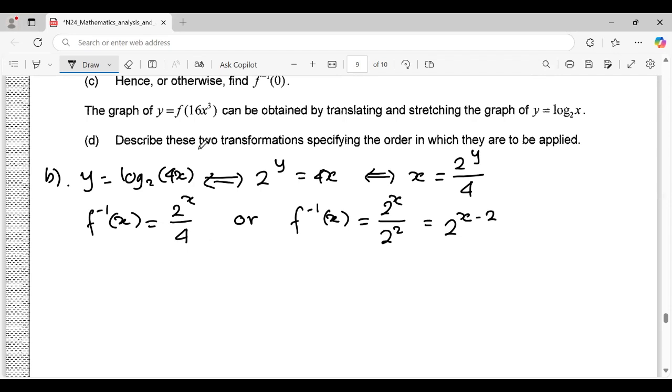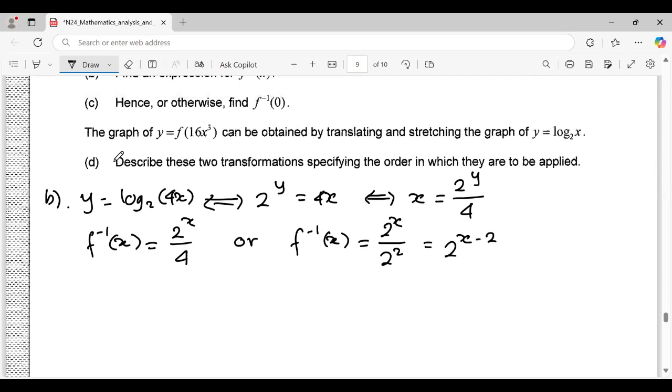Now part C, find f inverse if x equals 0. X equals 0. So I'm going to use this model. 2 to the power 0 minus 2 is 2 to the power minus 2, or 1/4.